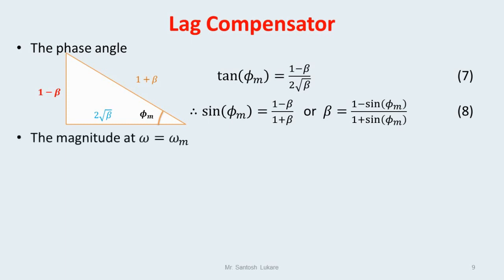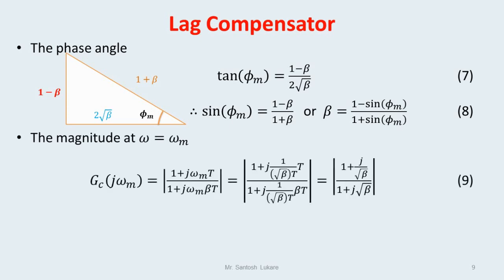Now the magnitude can also be solved at omega is equal to omega m. By using the magnitude function, we have mod of GC of j omega is equal to mod of 1 plus j omega m T divided by 1 plus j omega m into beta into T. So this is just a ratio of magnitude of numerator upon denominator, and that can be solved at omega m is equal to 1 by root beta T. So we have the mod of GC of j omega m is equal to mod of 1 plus j divided by root beta upon 1 plus j root beta.